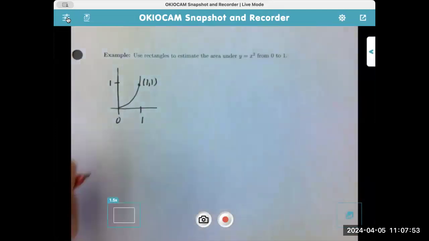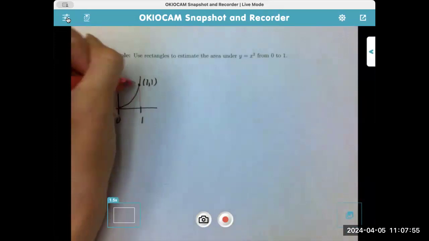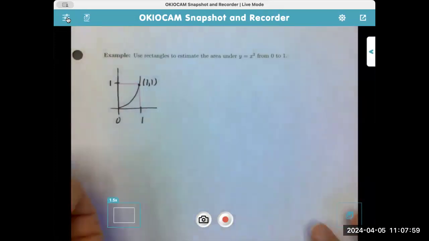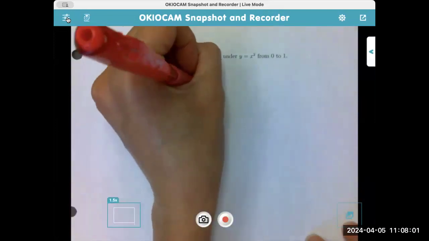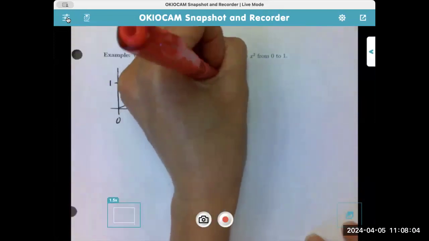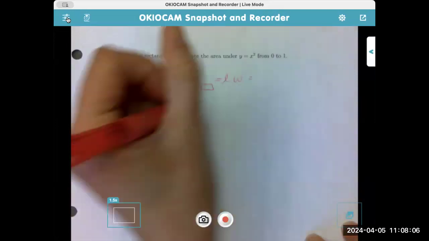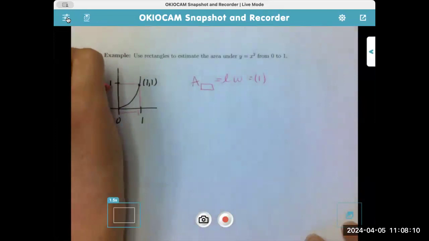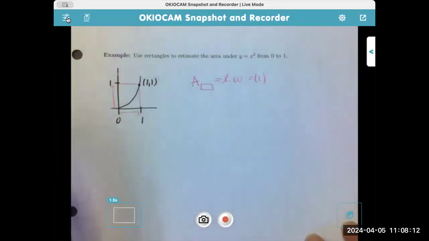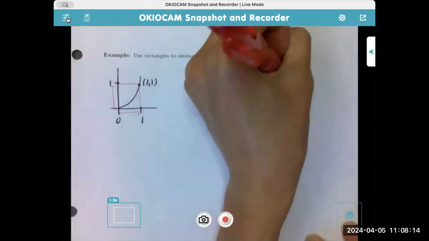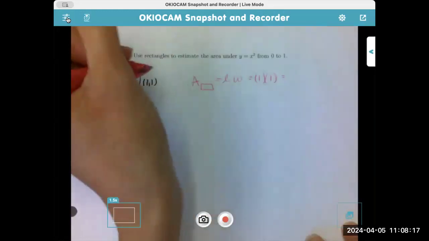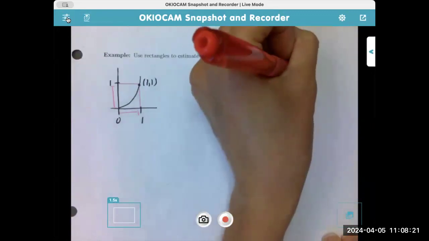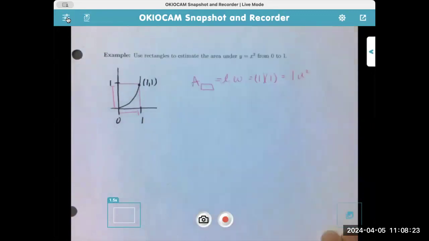So what we're asked, if I just do a right-handed limit, well, the area of this rectangle, remember area of a rectangle is length times width. The width here is 1. The length or height, if you would, is also 1. So we would say that with just one big old rectangle, we have 1 square unit.